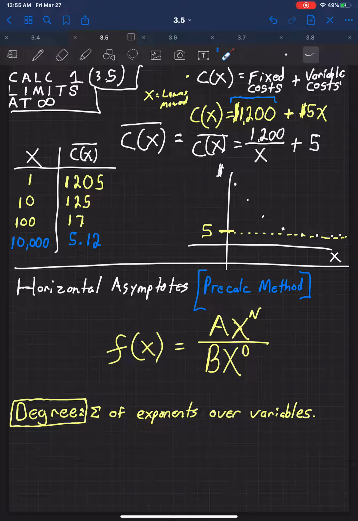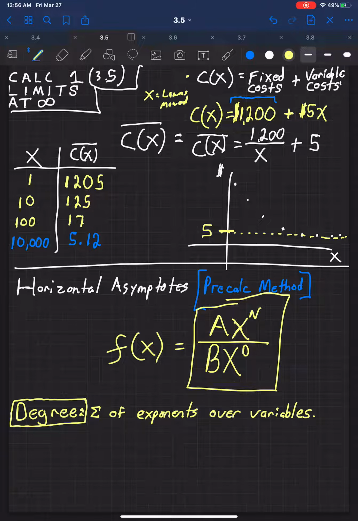So let's revisit that, right? What I have here is just some rational function, and this is ax to the power of n. I chose the letter n because it's in the numerator, okay? Over b times x to the power of d, and I chose d because it's in the denominator.